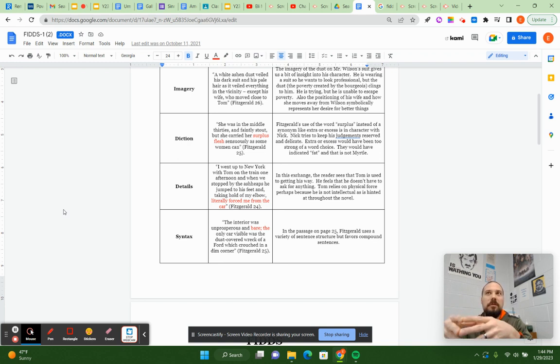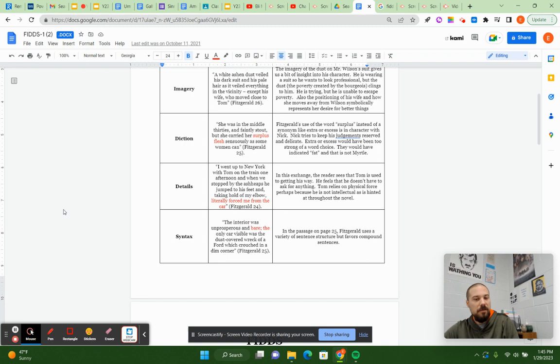So here we have two things. We've got this first idea, which is more general. We're talking about the inside of a garage. The interior of the garage was unprosperous and bare. It's not a lot in it. And then we go from that to way more specific. He's going to give us a clear, specific detail about what is going on in that garage.